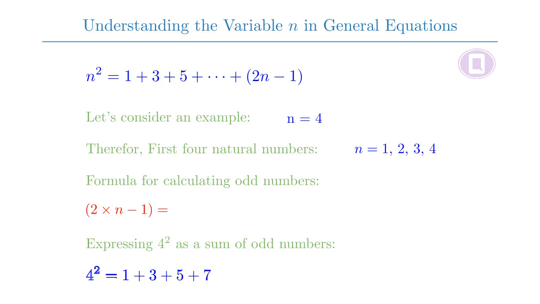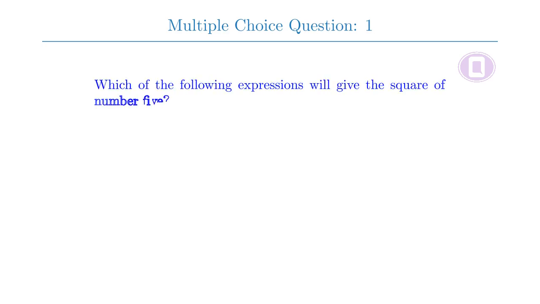Now if we add all these odd numbers, we get 4 squared. Let's test your understanding of how square numbers are formed. Which of the following expressions will give the square of number 5? Option A, 1 plus 3 plus 5. Option B, 1 plus 3 plus 5 plus 7. Option C, the sum of the first 5 odd numbers.